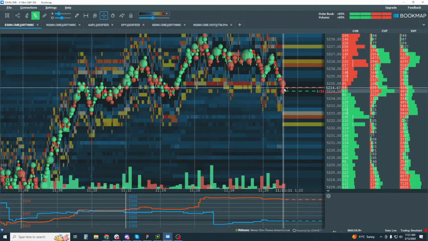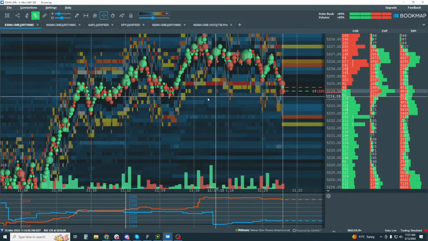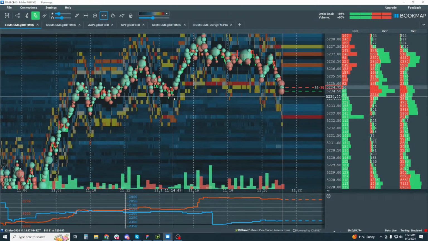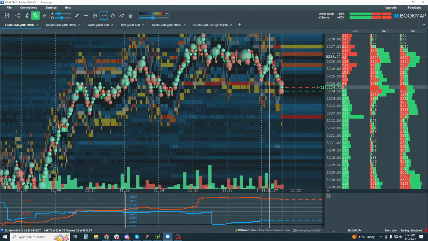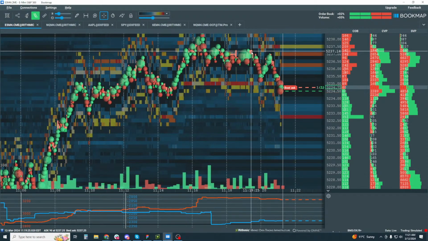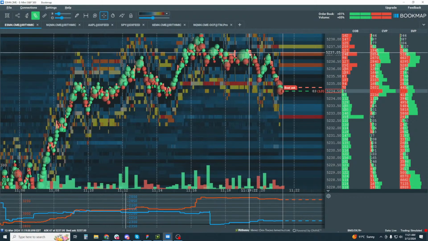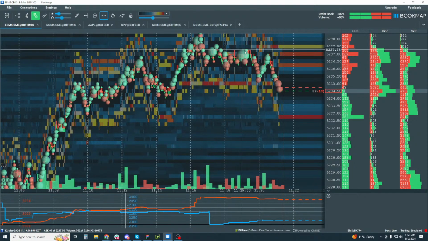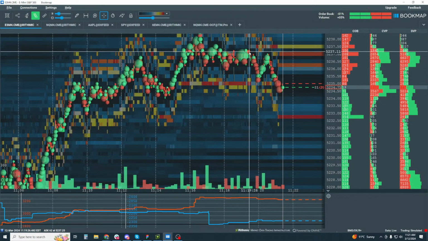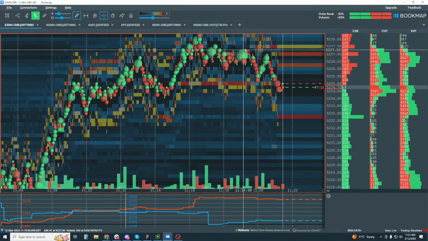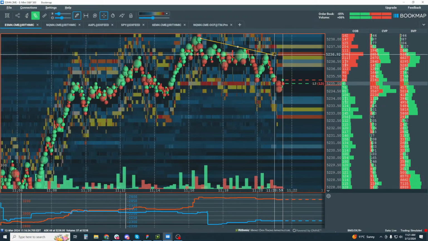And it's not just sellers and buyers, it's market structure as well. Buyers up into here, they can't make a higher high in here. Even though we see more buyers coming in, they can't make a higher high. Okay? So this is where it can be a little more convoluted, but offers us so much information.